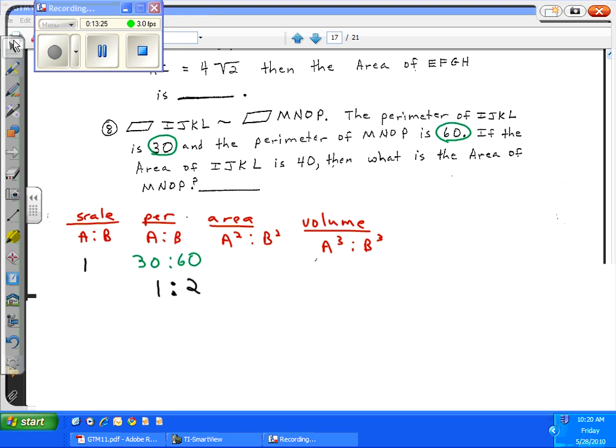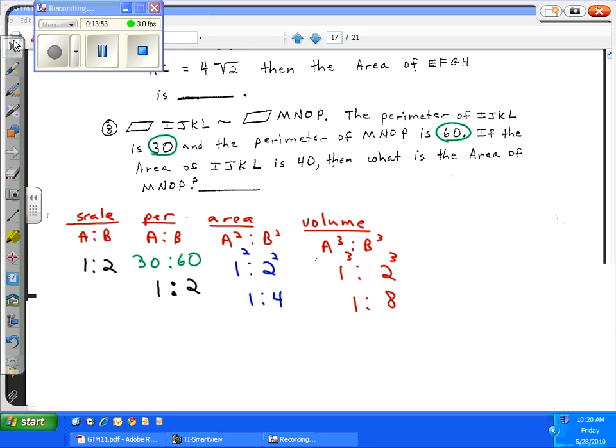That means the scale factor A to B is 1 to 2. The ratio of areas is 1 to 2, but area is square units, so we square that and get 1 to 4. Volumes, we're going to have 1 to 2, but volume is cubic units, so we cube that and get 1 to 8.